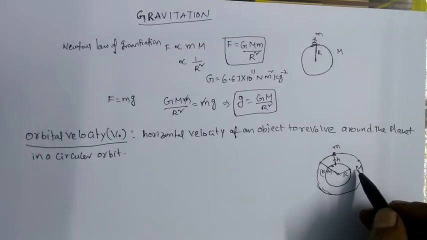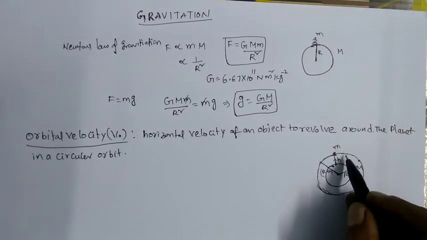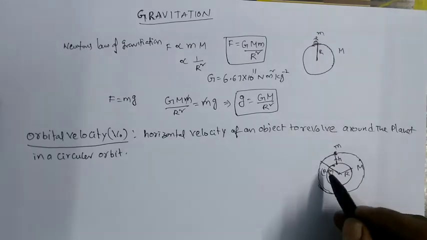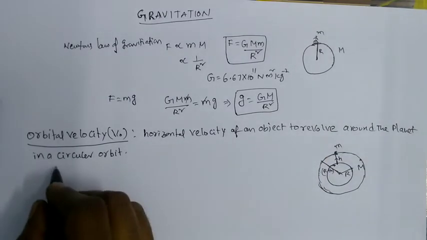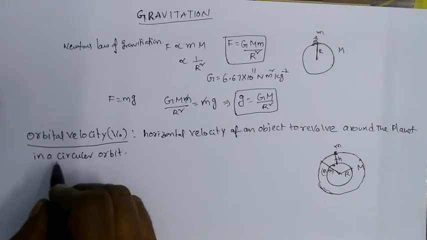Now there must be a gravitational force between these two. Because it is rotating in a circular manner, it will possess centripetal force also. So for this expression, you better write two lines here.